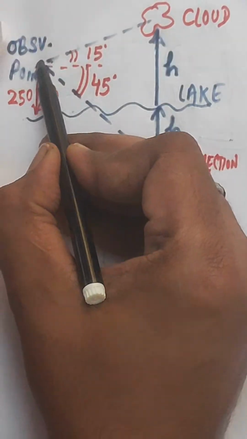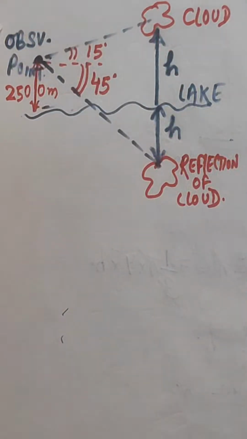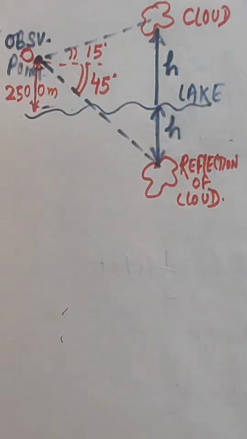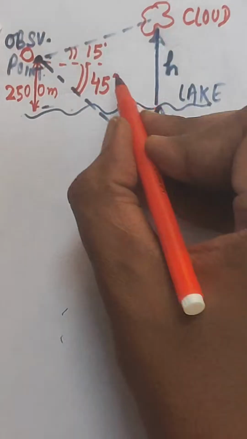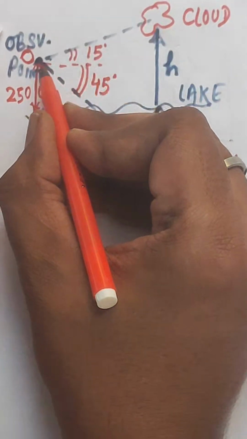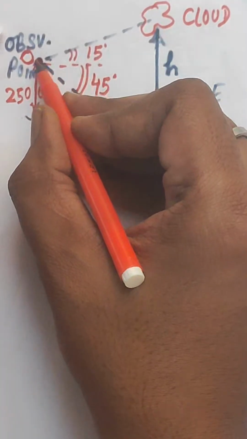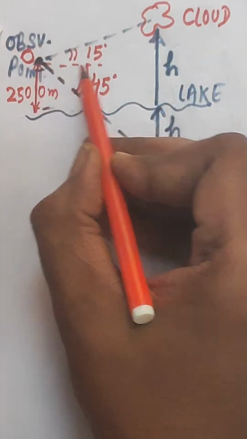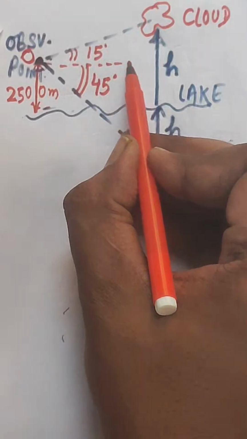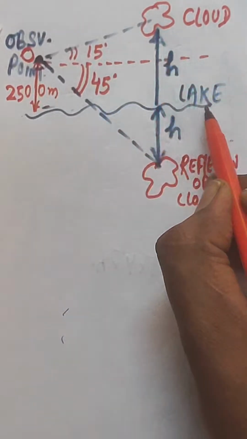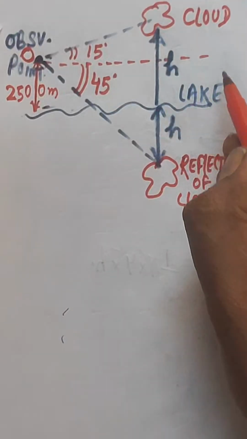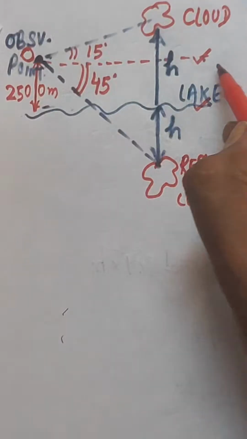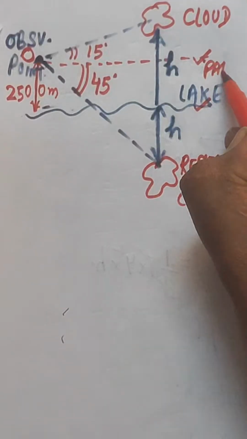Now here you can see the point of observation. Let us say the point of observation is O, and the vertical height of that point of observation is 2500 meter. From O, when you draw a line parallel to the level of the lake, these lines are parallel to each other.